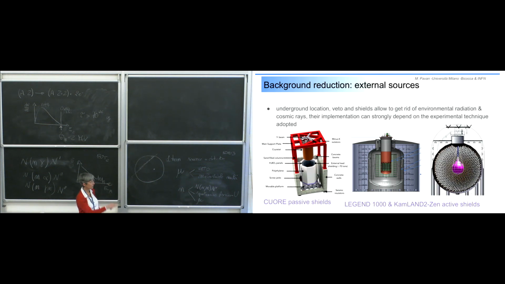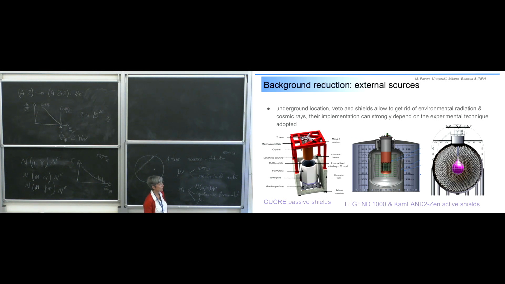It can be moved up and down, because when you mount the detector in the cryostat, you have to remove these shields and work over there, and then you move it up when you are running. So this is an experiment that uses only passive shields. And at present, Cuore doesn't even have a muon veto because muon background is negligible in the present experiment.